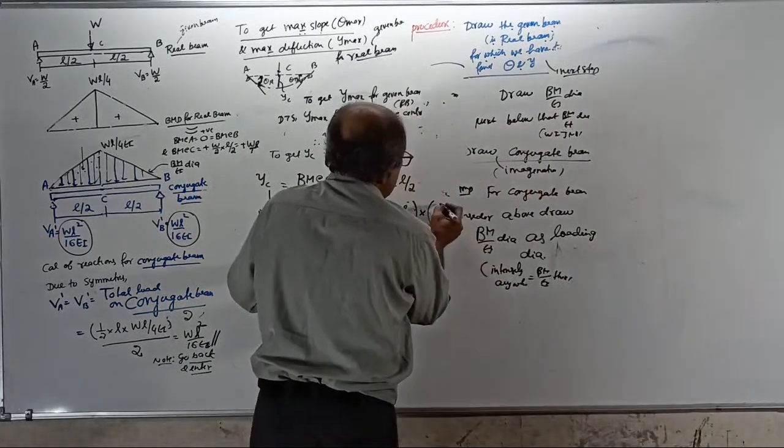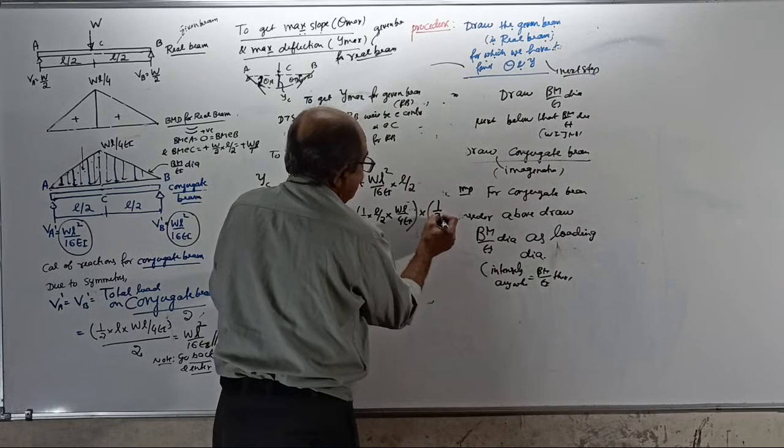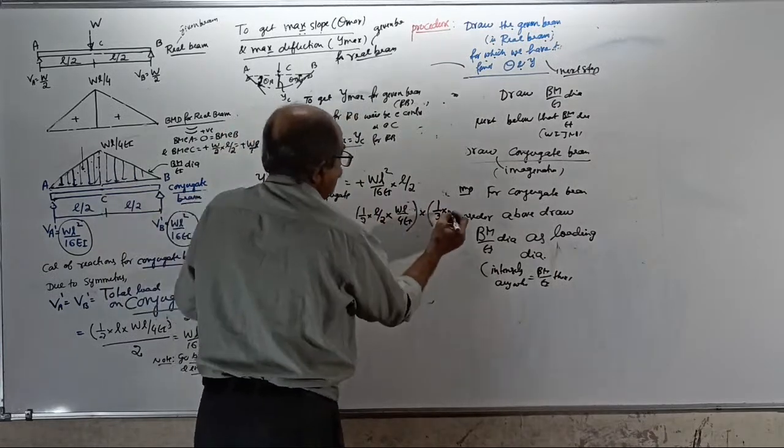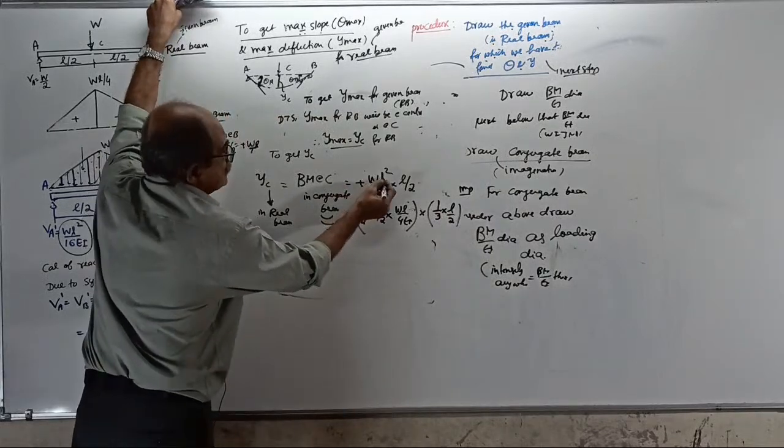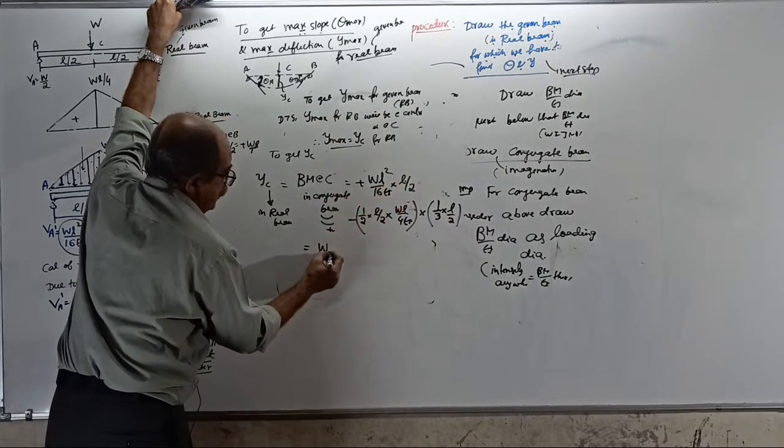If it is not clear, don't come to my class. 1 by 3 of L by 2 equal to WL square into L is WL cube.